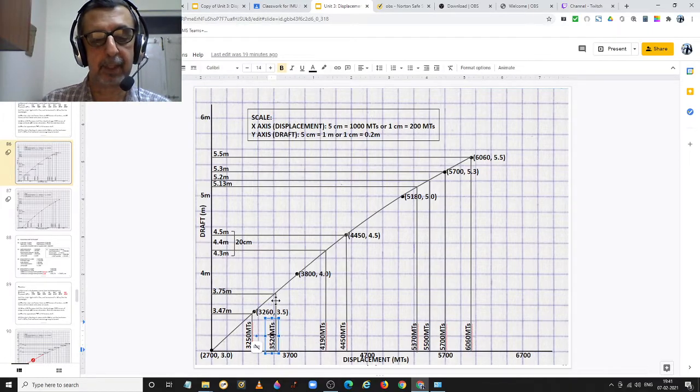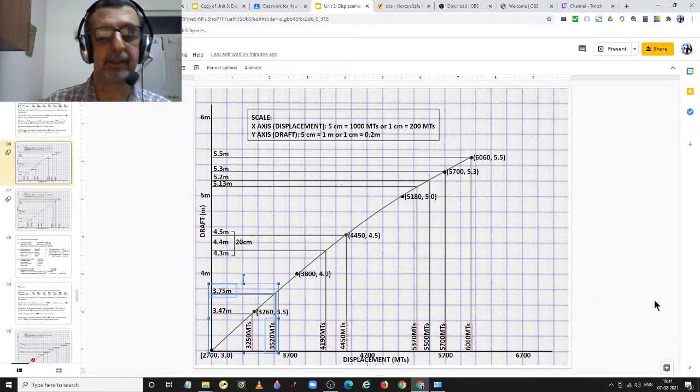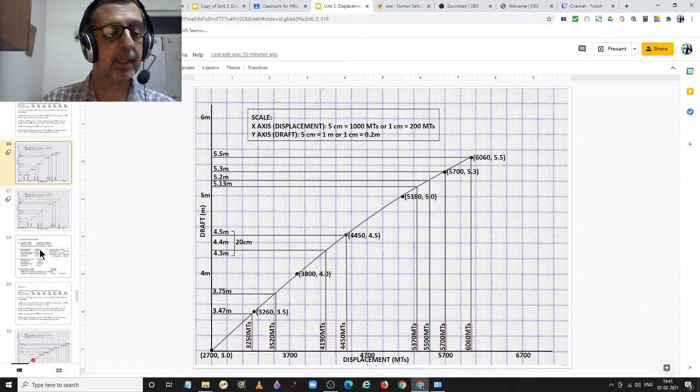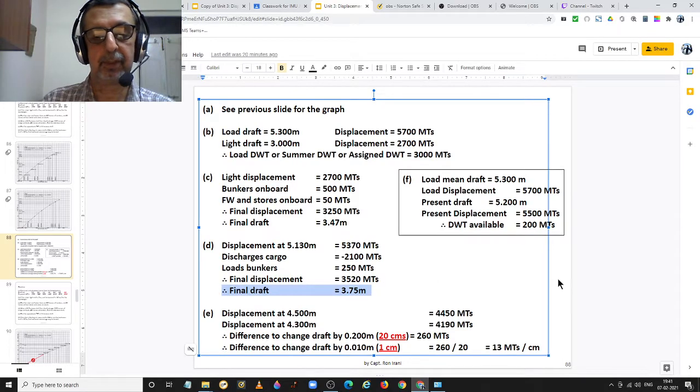We take a vertical from that till it meets our displacement curve, and from that point we take a horizontal and we see that our draft is 3.75 meters. Coming back to our calculations, therefore the final draft is equal to 3.75 meters.